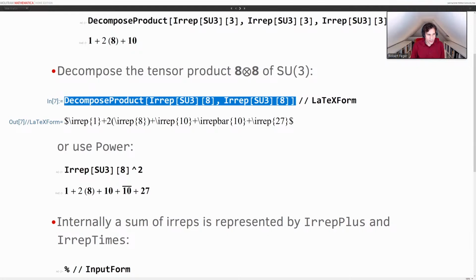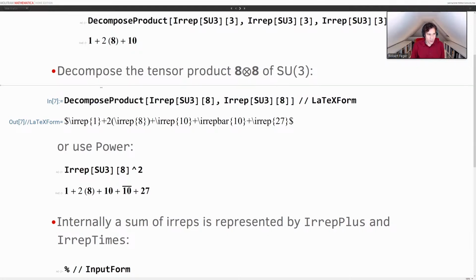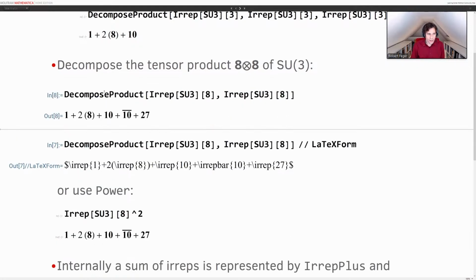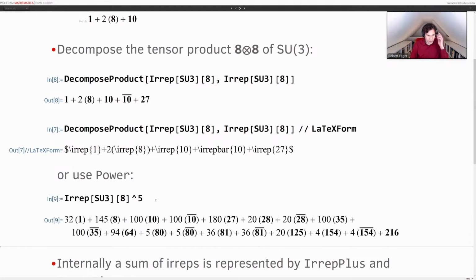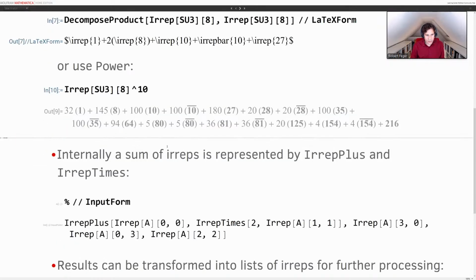The bar is properly done in LaTeX. If you have a very complicated output, this is very nice to use, because you don't really want to type it. Let's say you have this to 5, or even 10. This might take a while until it is finished. Let's see how long it takes.